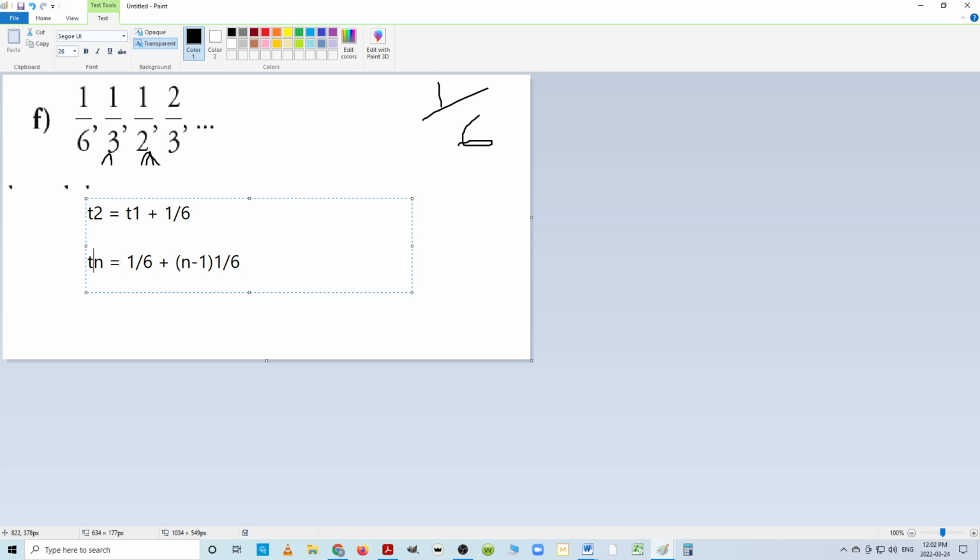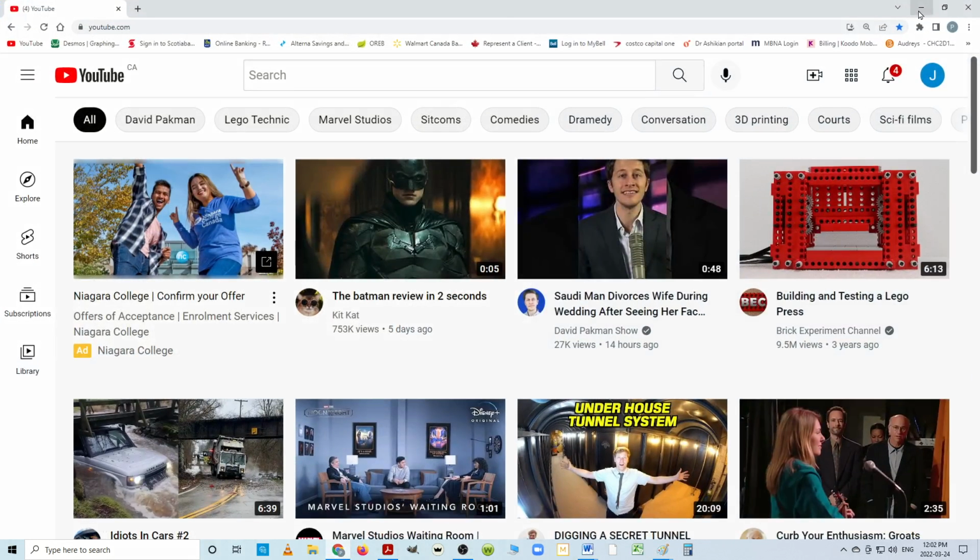If I want to figure out the fifth term, I would just put 5 minus 1 over here. It's 4. 4 times the 1 over 6 is 4 over 6. 1 over 6 plus 4 over 6. Term 5 is equal to 5 over 6. So you can figure out anything. Once you determine it's arithmetic, it will follow the formula given.